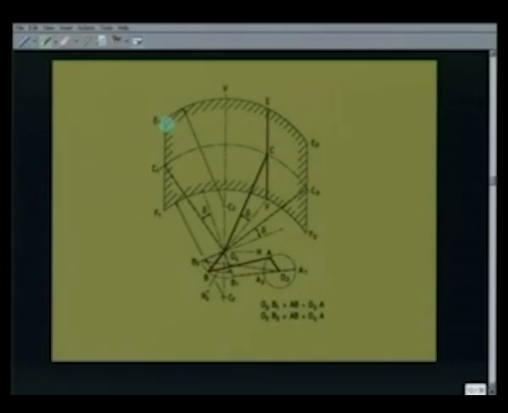That means the curve generated by the points E or F, that is the end of the wiper blade, also will be similar circles, exactly of the same radius as O4C. Only thing, the center of the circle will be shifted from O4 to CE for the point E and O4 to CF for the point F.